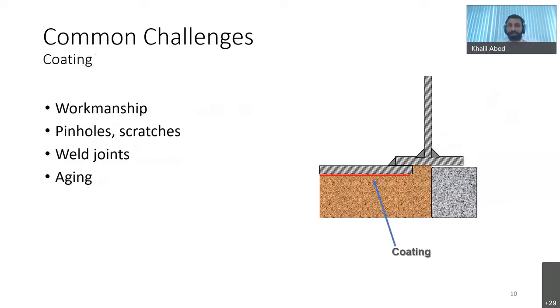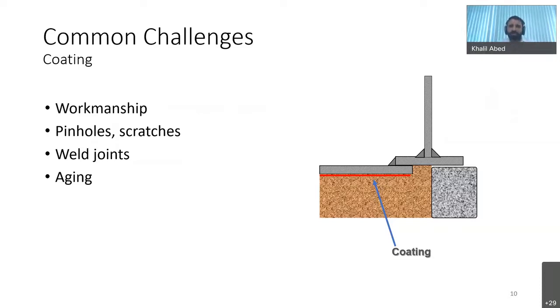I can speak with great confidence that it's not unusual for tank owners in the Middle East, at least, to have the underside of the tank bottom plates coated during construction. However, unavoidable defects during coating application and handling of the bottom plates create pinholes and scratches, and there is also thermal damage during the welding of the bottom plates, and natural deterioration or aging of the coating during tank operation.